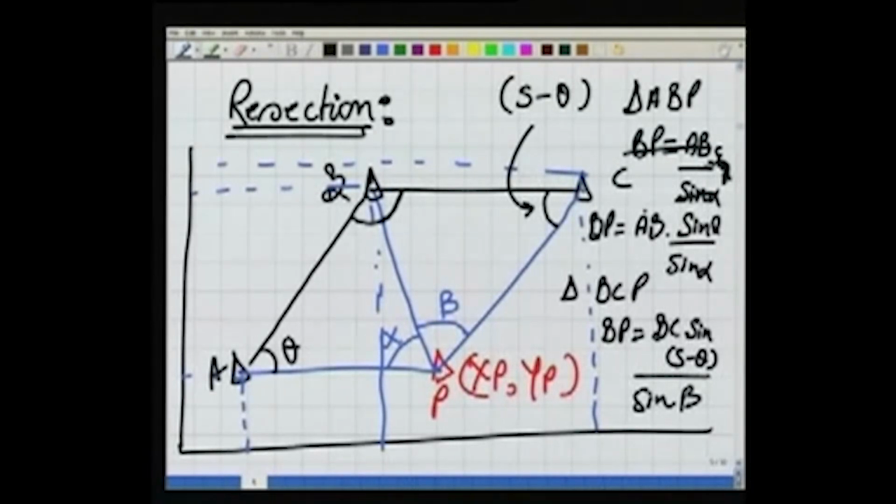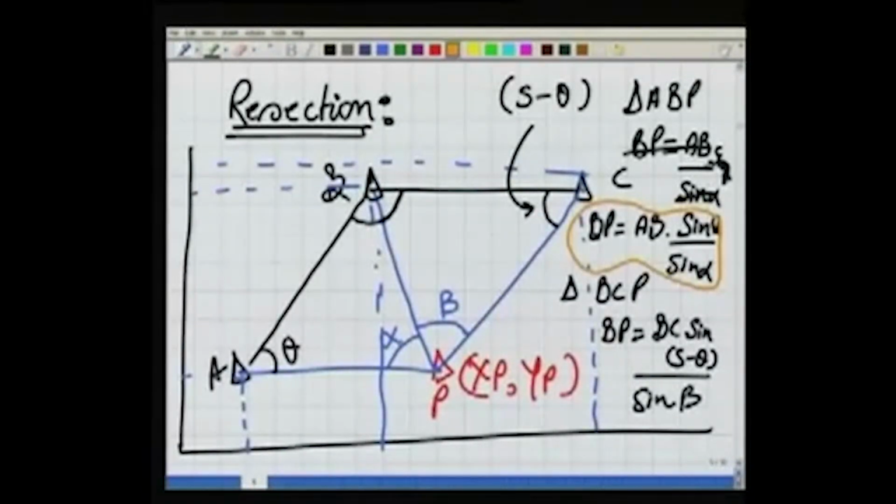Well, in equation number 1 and number 2, BP is the same, the left hand side is the same, so I can equate these two. If I equate these two, we know AB, we know BC, we know S, we know alpha, we know beta, the only unknown will be theta, which you can compute. So once you know the value of theta, you can compute the coordinates of XP, YP.